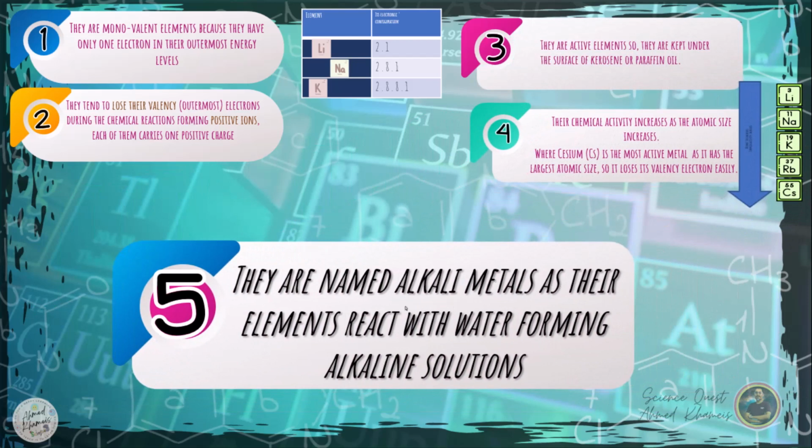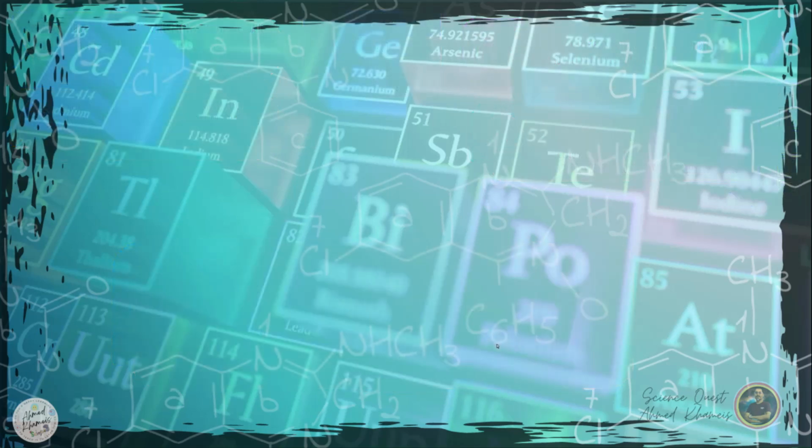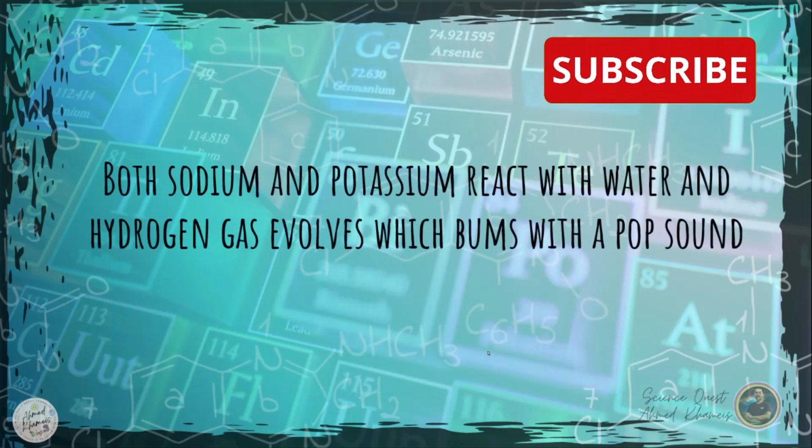They are named alkali metals. Why? Because they react with water, forming an alkaline solution. So group 1A goes by the name alkali metals because they react with water, forming an alkaline solution. Both sodium and potassium react with water, and hydrogen gas evolves, which burns with a pop sound.